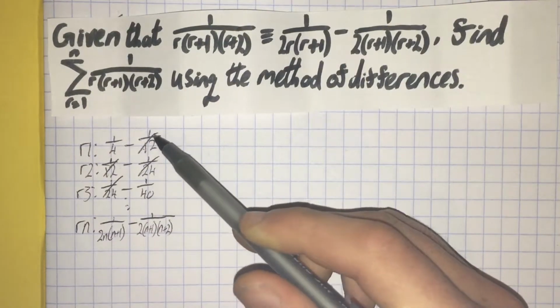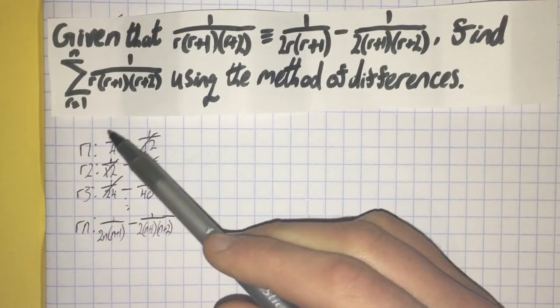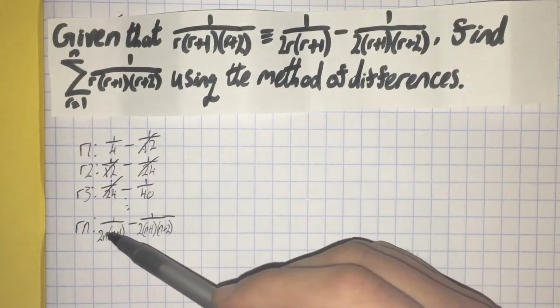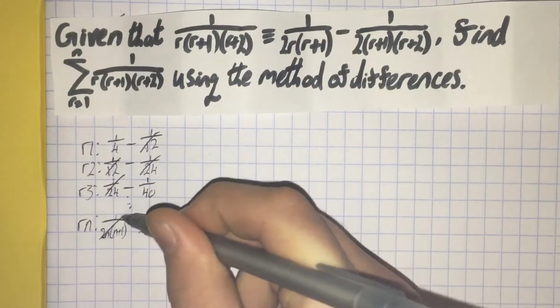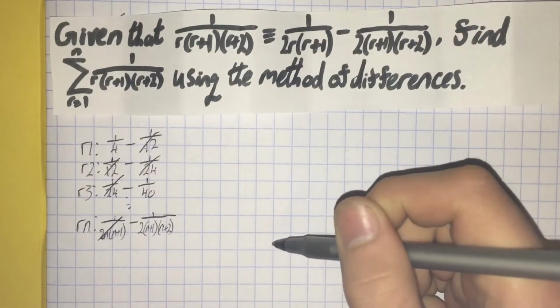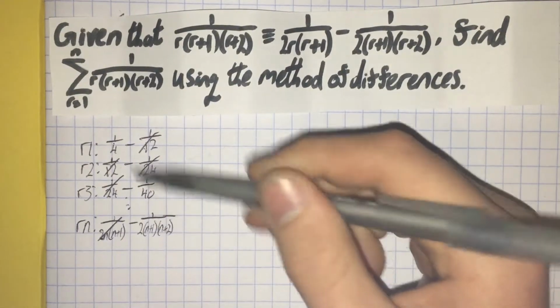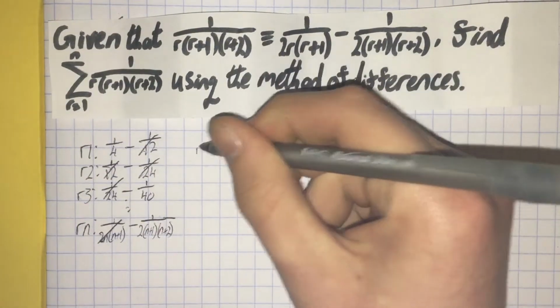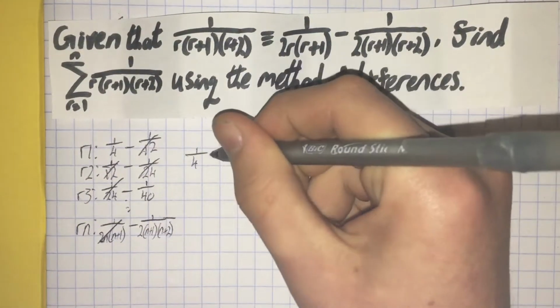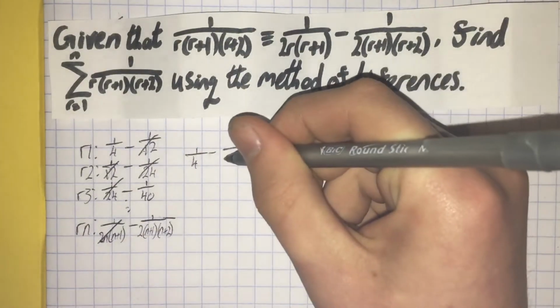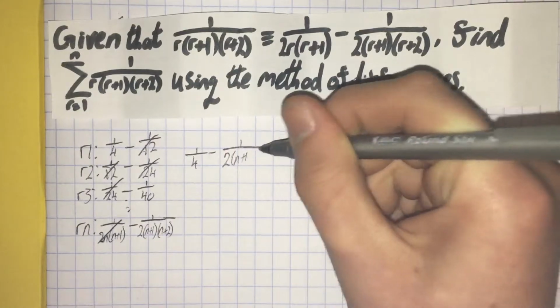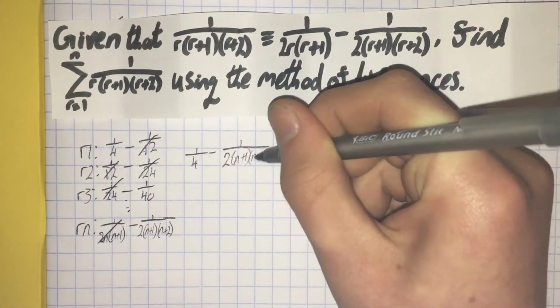And following the same pattern, the first one here is not being cancelled off, which means the first one down here will be cancelled off. This leaves us with 2 terms left, which will be a quarter minus 1 over 2 times n plus 1 times n plus 2.